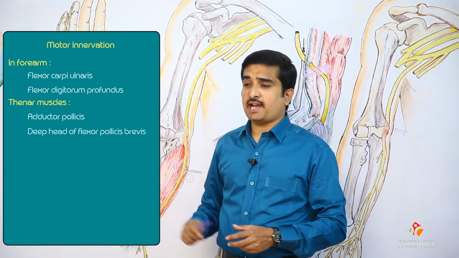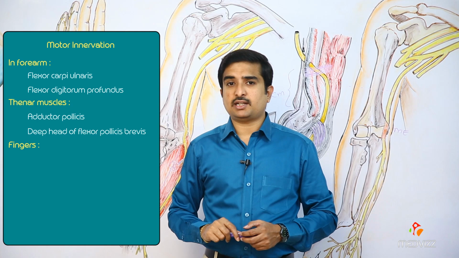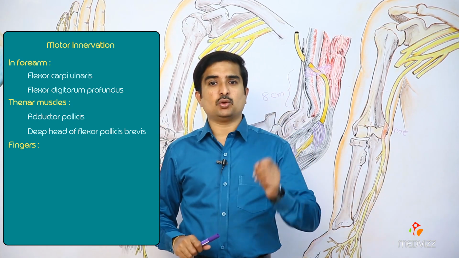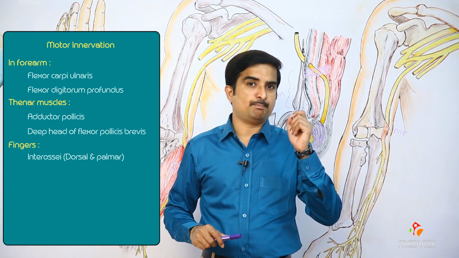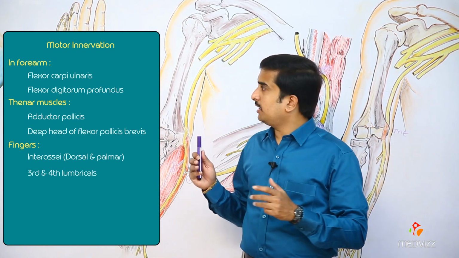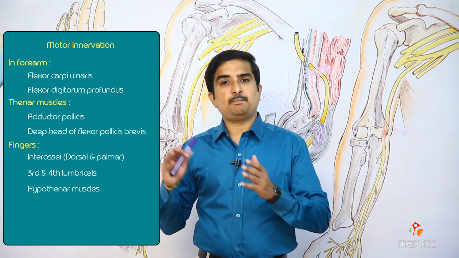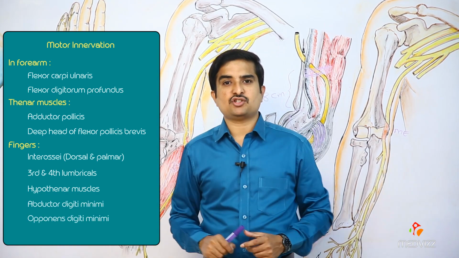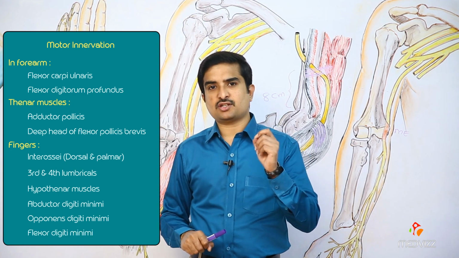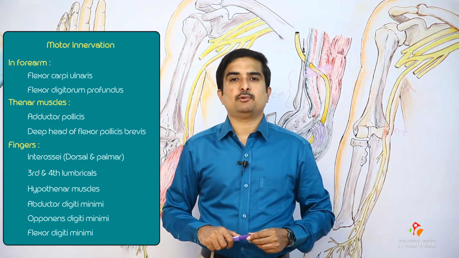It mainly supplies the muscles of the fingers, that is the interossei. I already told you that it innervates the 8 interossei, that is dorsal and palmar interossei, and the third and fourth lumbricals, and the hypothenar muscles: abductor digiti minimi, opponens digiti minimi, and flexor digiti minimi. These are the hypothenar muscles.